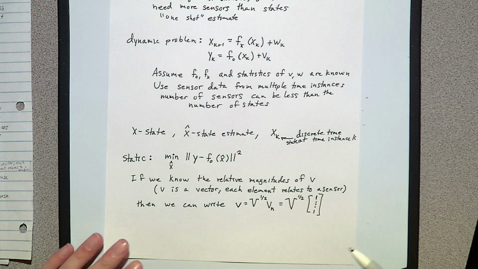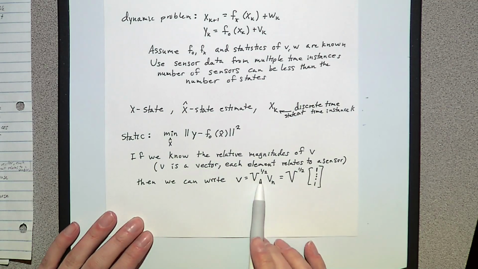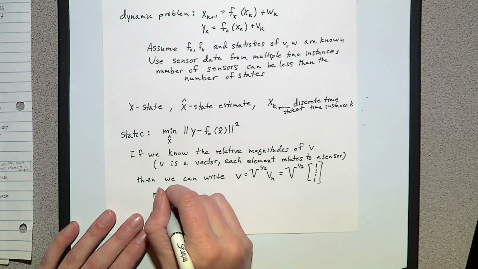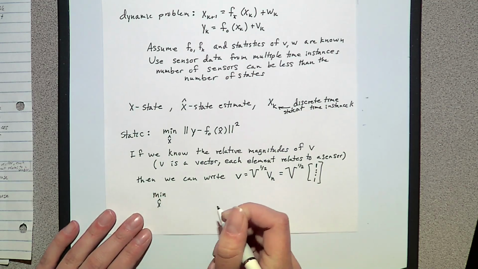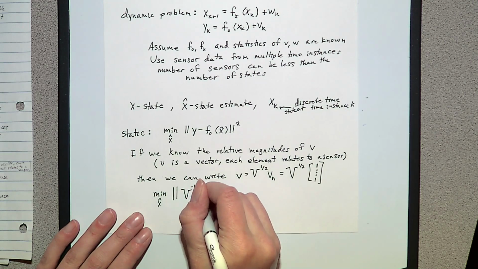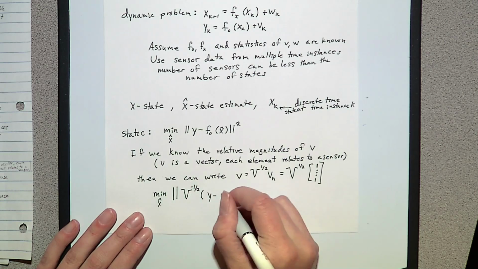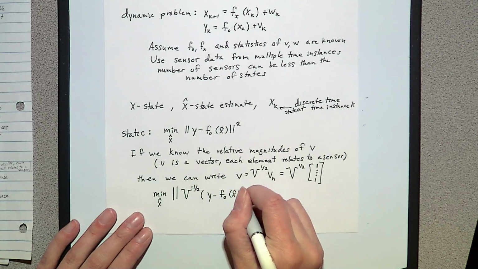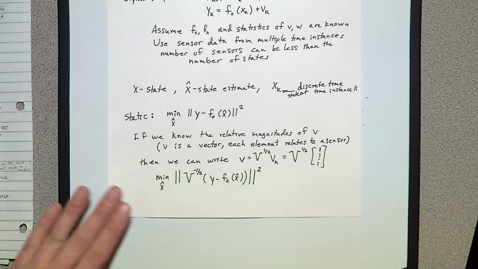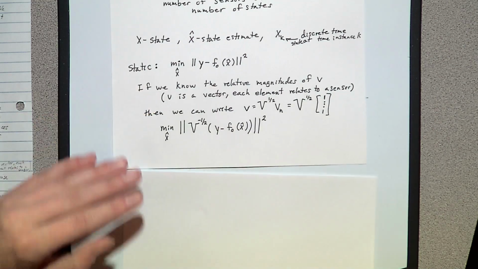And so what we can do is based on this V matrix, we can modify our minimization problem to incorporate the inverse of this matrix, y minus f0 x hat, squared. So what does this actually do for us?